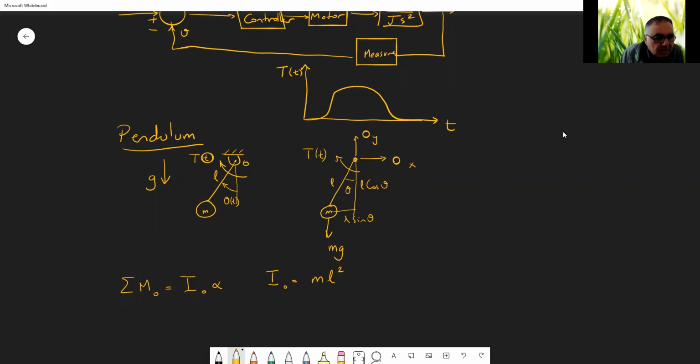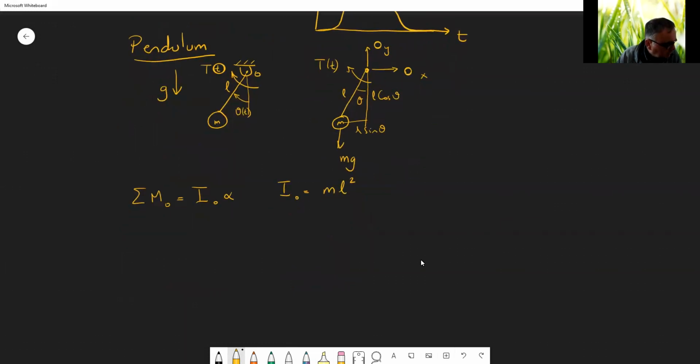Okay, I_O is ml squared. Then we will just write the summation of moments about point O.